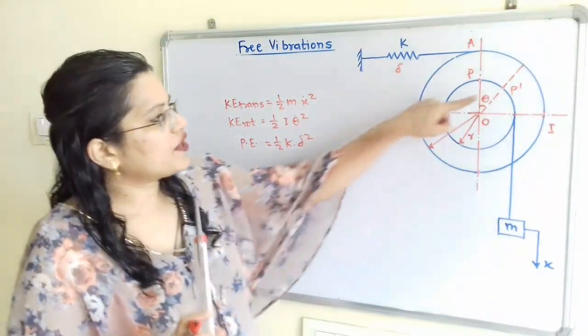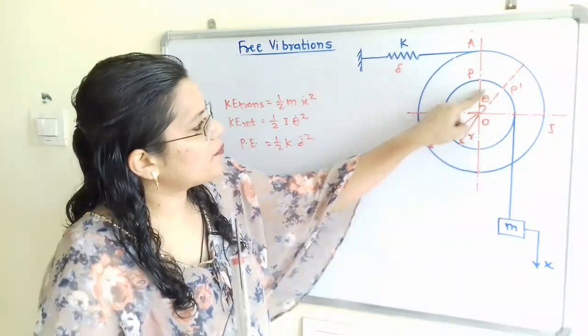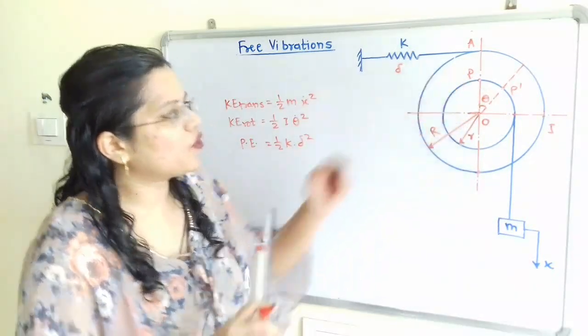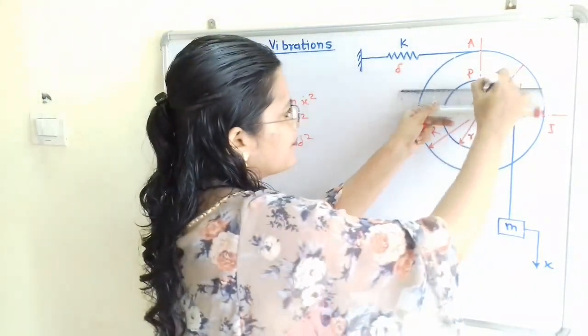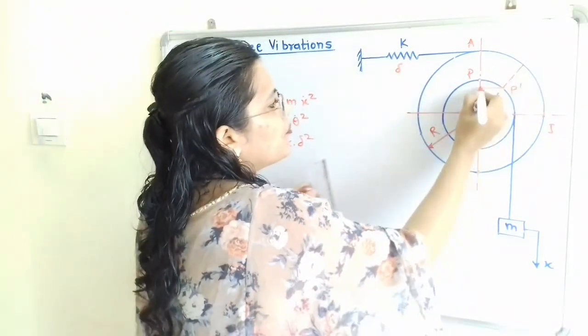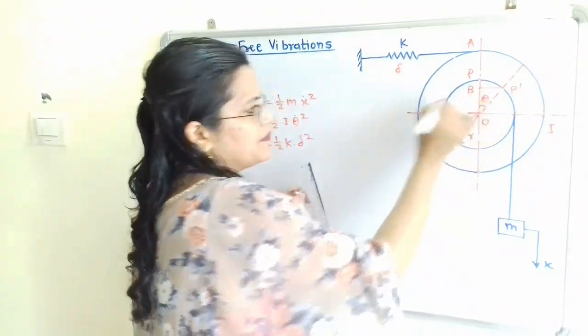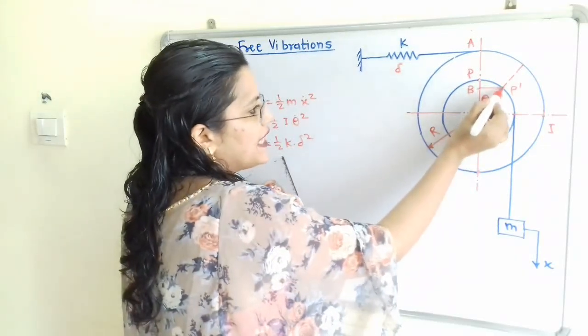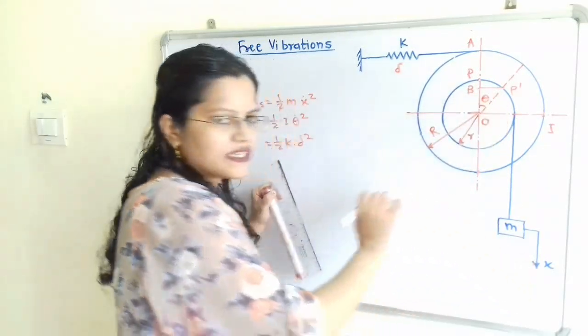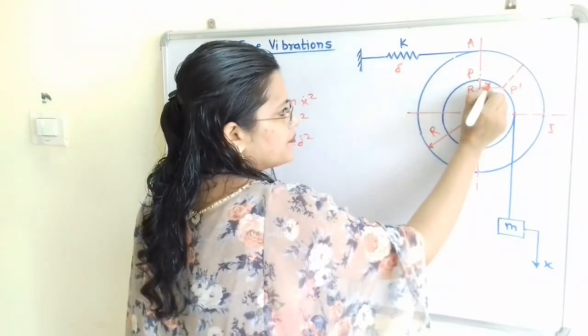Now when I draw one perpendicular line from P dash on this line OP, here is the point of contact, I will say B. Now B to P dash is also equal to this linear displacement x.